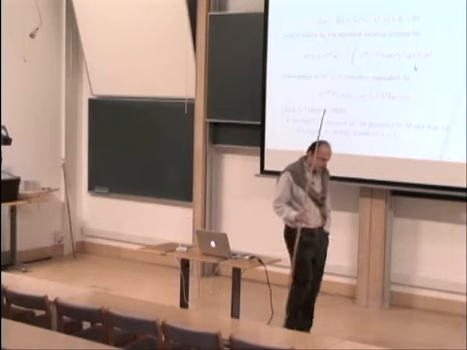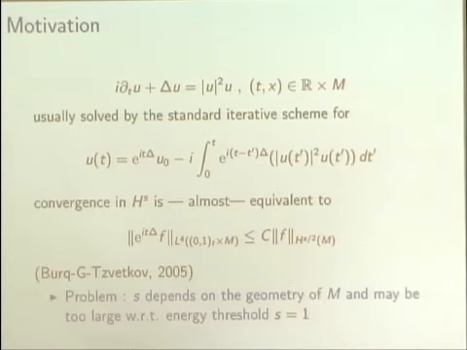Why is that a problem? Because the energy threshold, s equals 1, corresponds to essentially the best conservation law we may expect for this equation, the conservation of energy.